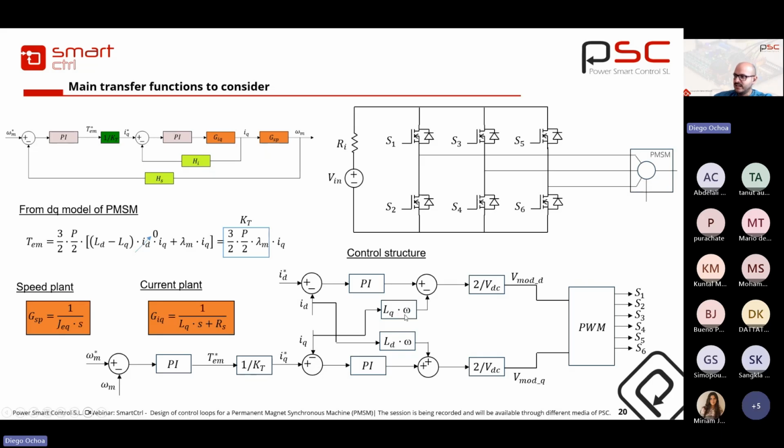The electrical speed is calculated by multiplying the mechanical speed by the pole pairs. In the Q-axis, we have the second loop, as I mentioned before. This is the PI that controls the speed of the machine. So this is the plant: we have the current plant, and also this is the plant for the speed.